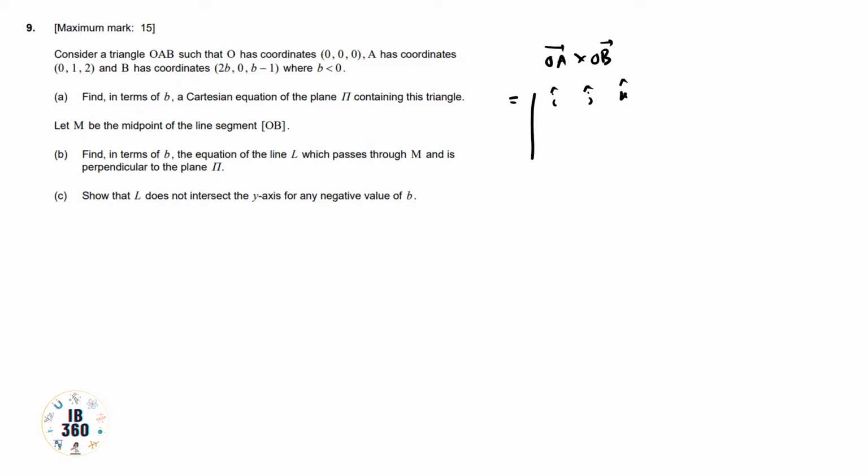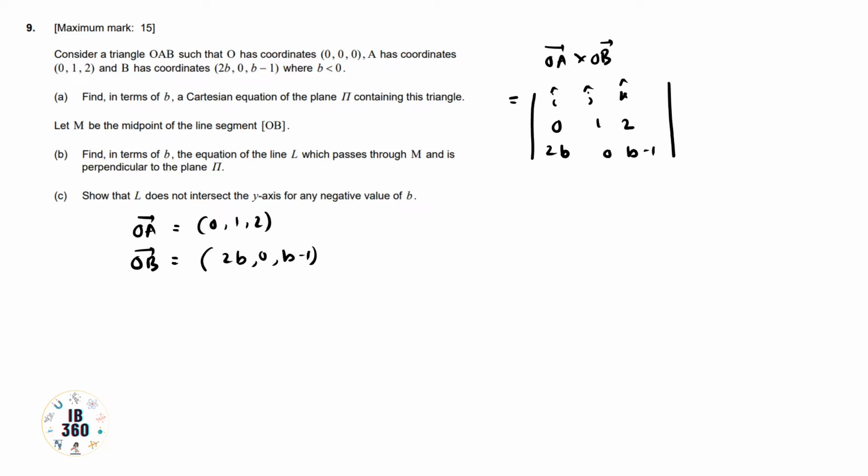Here I am writing OA, which was (0, 1, 2), and OB, which was (2b, 0, b minus 1). We just need to put the values here: 0, 1, 2 and 2b, 0, b minus 1.